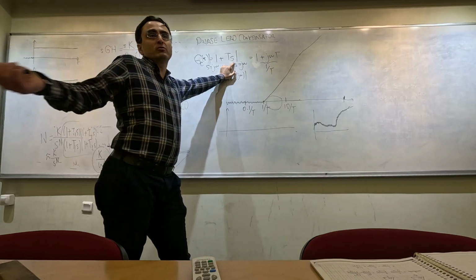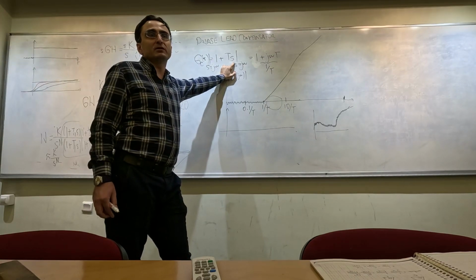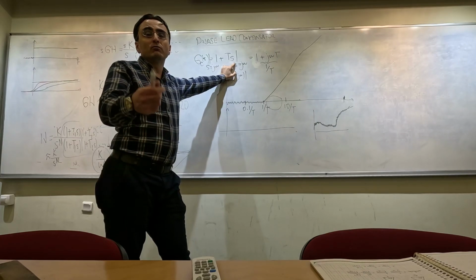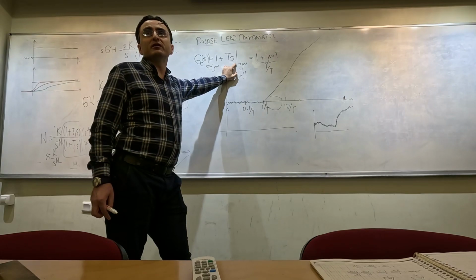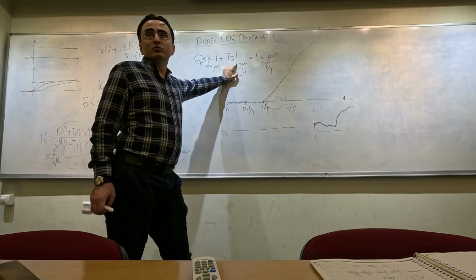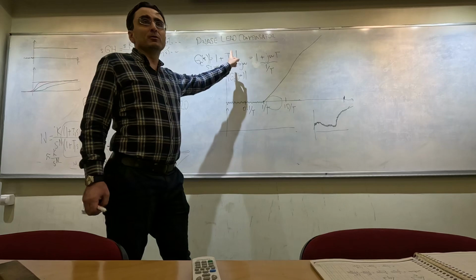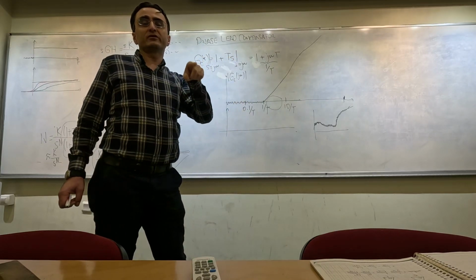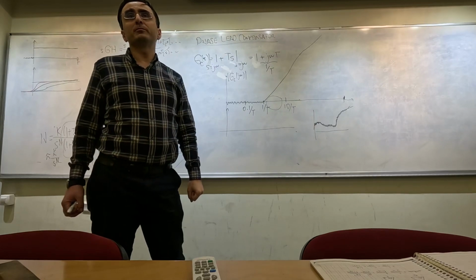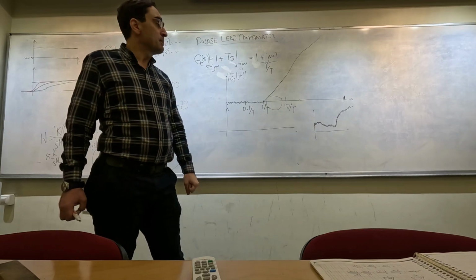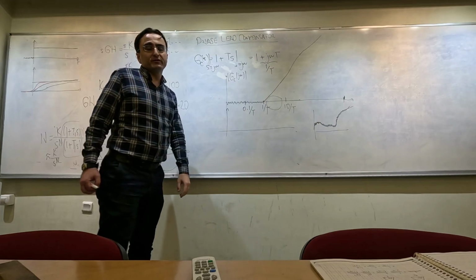From voltage to current, you can maybe implement it with a capacitor or inductor, but from voltage to voltage, you can never implement a differentiator with passive elements only. That means that in order to put this controller into your system, you have to spend some energy, or some power. Here it is because of this derivative term.